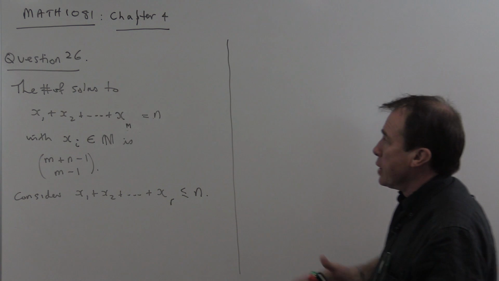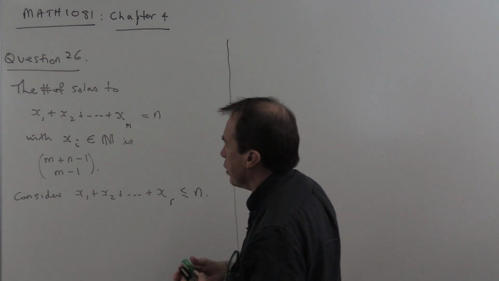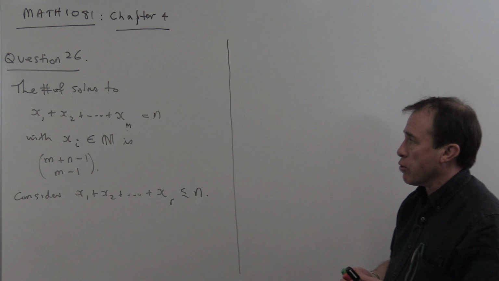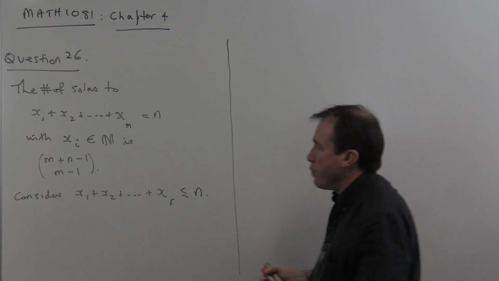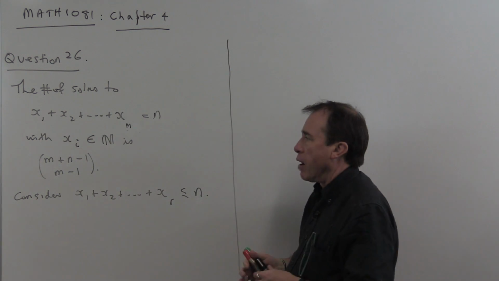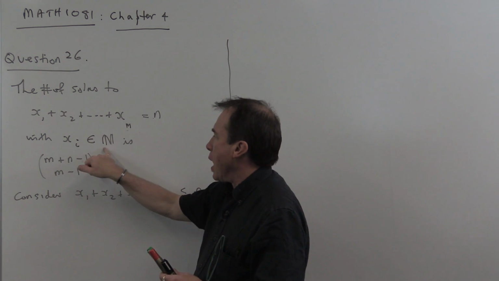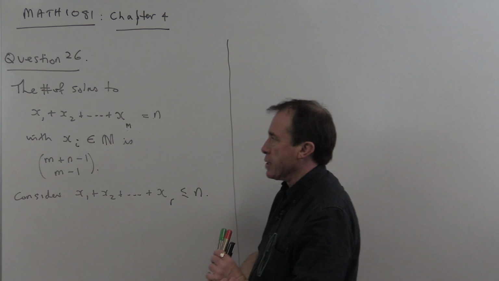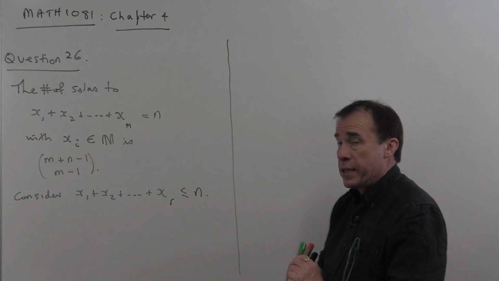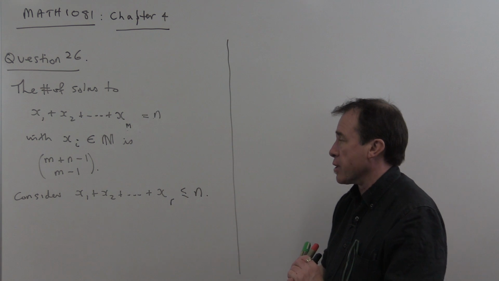So I'm going to be using this basic fact that you would have learnt earlier in lectures and used in earlier tutorial problems. If you're looking at this equation here where the xi's, all of these x's, are from the natural numbers, that means they can be positive integers or zero, so we're allowed to include zero.